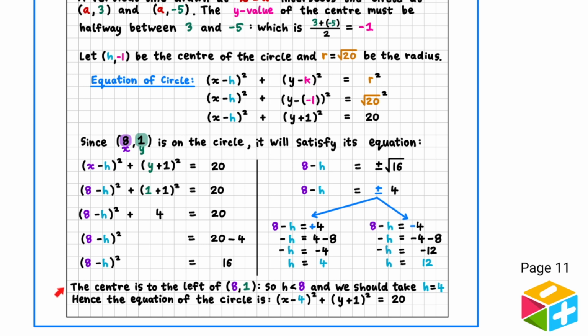This rules out h equal to 12, so we conclude that we must have h equal to 4. To get our final answer, we should write this into the expression we had for the equation of the circle. This gives us x minus 4 all squared plus y plus 1 all squared is equal to 20.